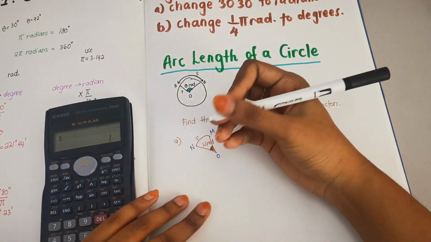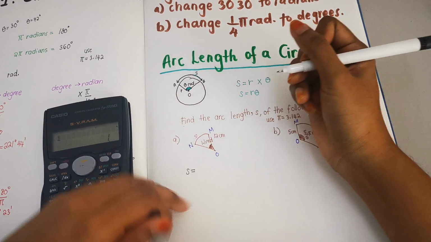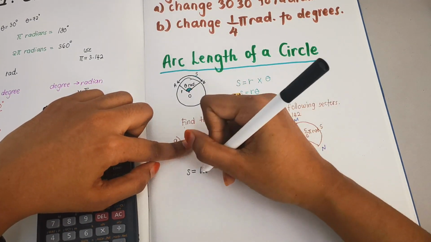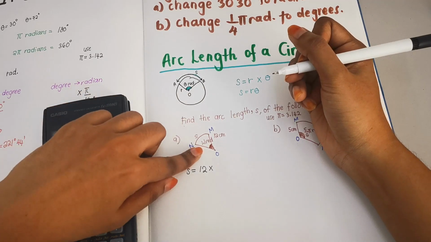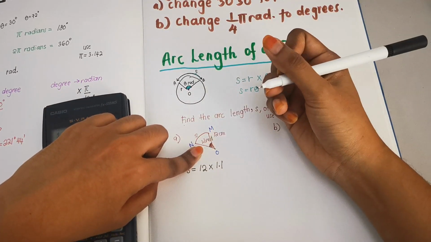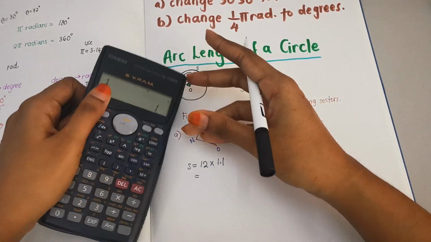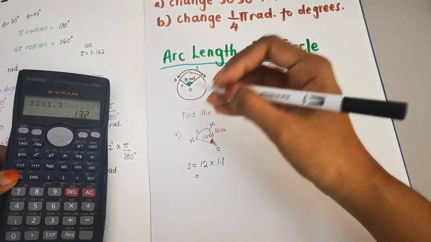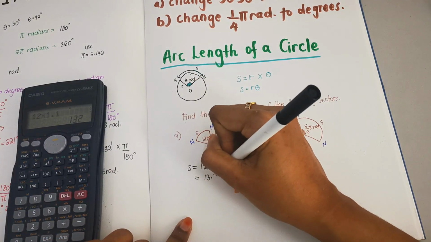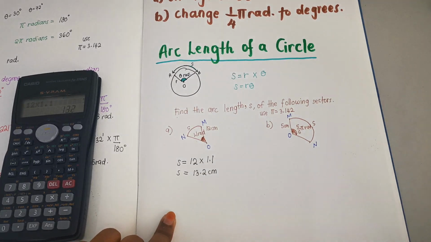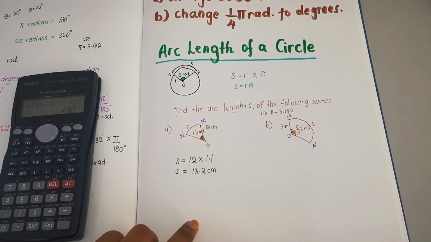The radius for this one is 12 cm, times theta, which is 1.1 radian. So this is going to be very easy actually. 12 times 1.1, we get 13.2. So the answer is 13.2 cm because it's the length.